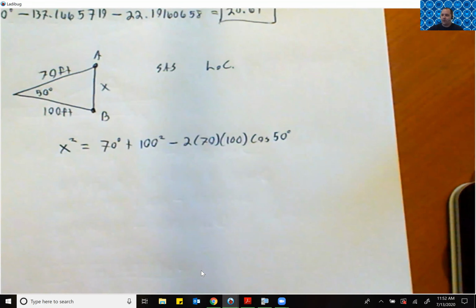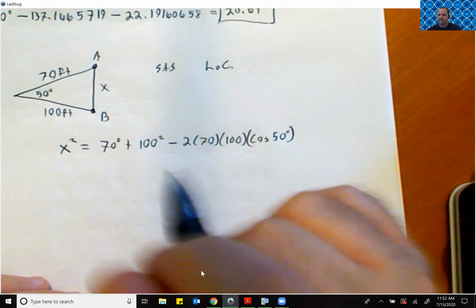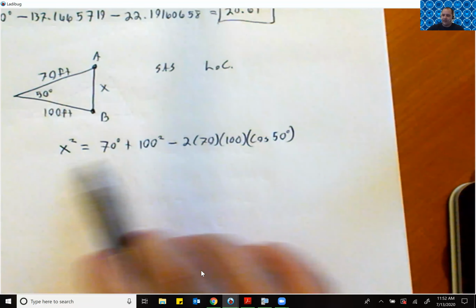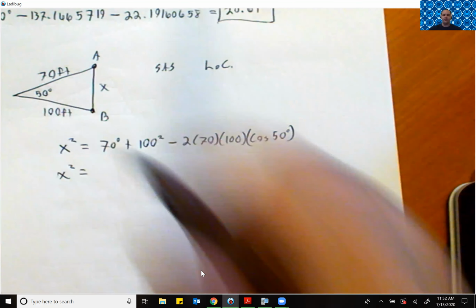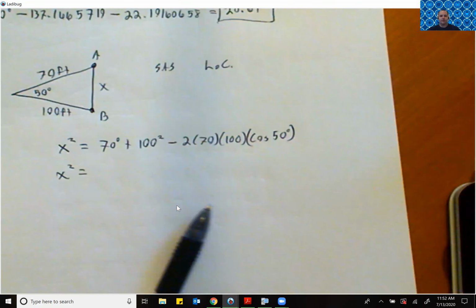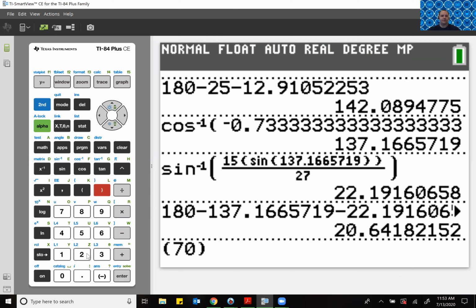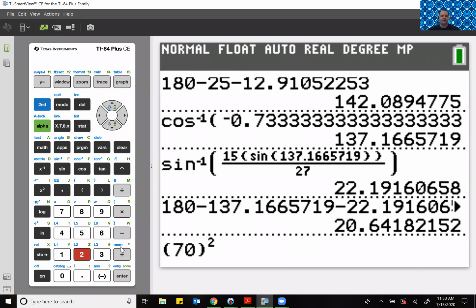Again, just like our first problem, number 5, we're going to go straight to the calculator and let it do its work. We'll figure out x squared first, and then we'll just take the square root of it. So go to our calculator, and we've got 70 squared plus 100.